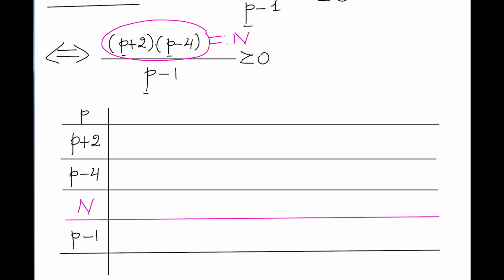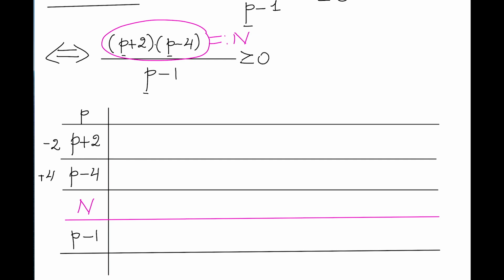All right. So what are the critical points here? For p plus 2, the critical point is minus 2, right? At minus 2, p plus 2 is 0. For p minus 4, it's plus 4.